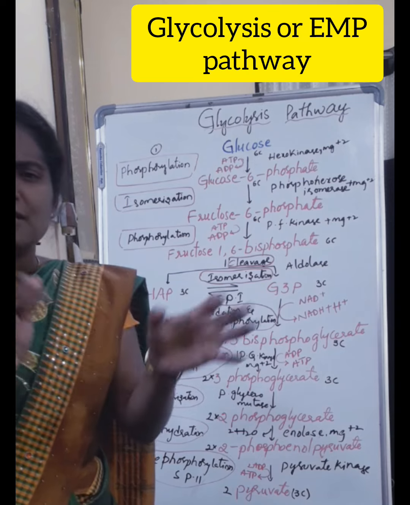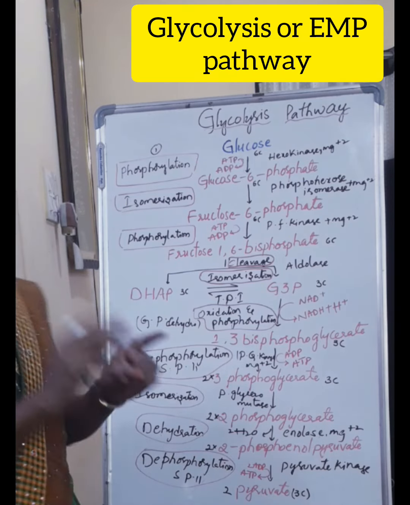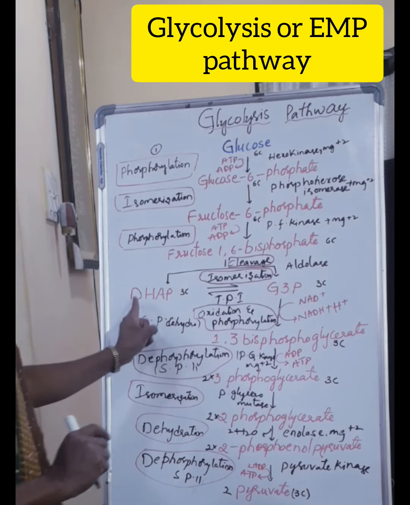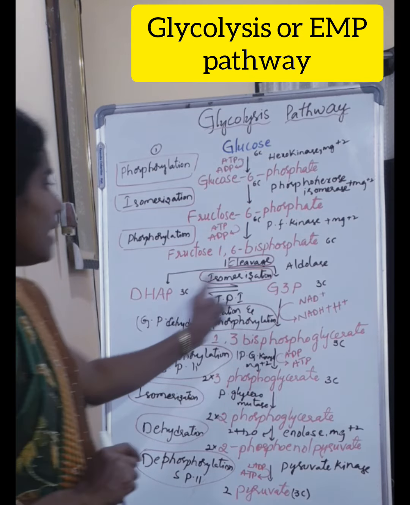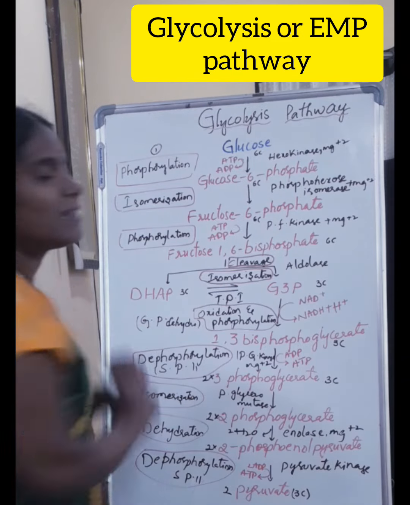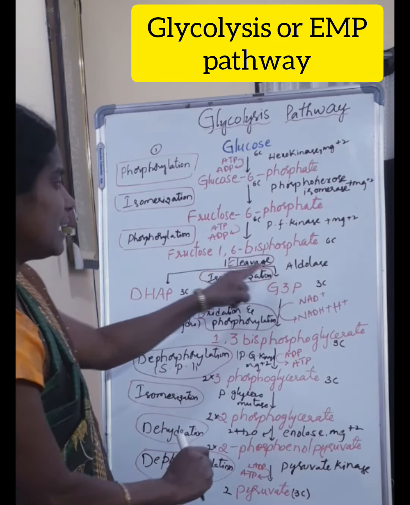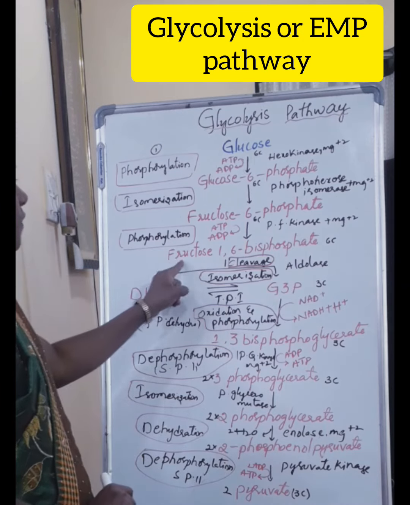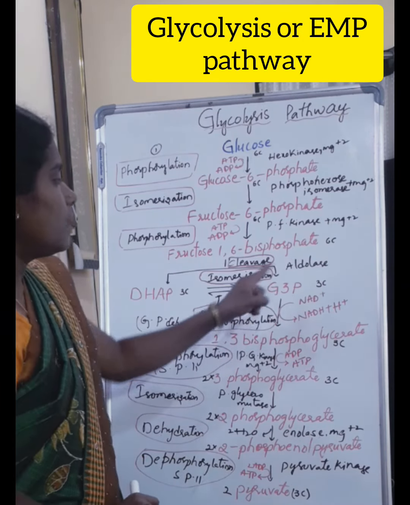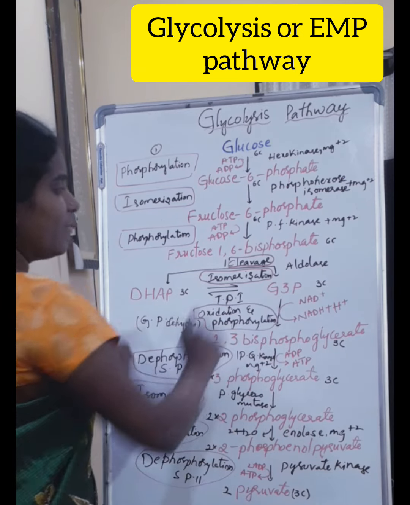The 6-carbon compound breaks down into 3-carbon compounds, that means 2: one is dihydroxyacetone phosphate and the other is glyceraldehyde 3-phosphate. These two are 3-carbon compounds, formed with the enzyme aldolase.